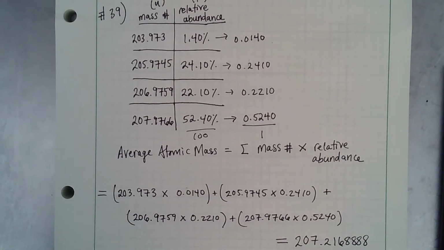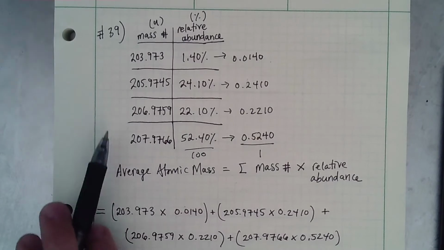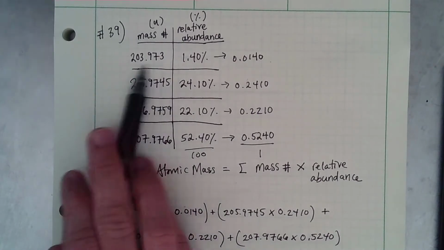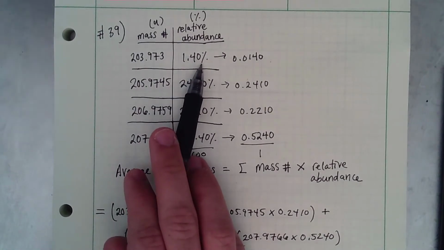Let's take just a brief moment to consider the number of significant figures. Now, this is one of the reasons why I'm not a huge fan of significant figures, okay? Because here are mass numbers, and we have lots of significant digits, right? Looks like the smallest number that we have is this one here. These relative abundances only have 3.